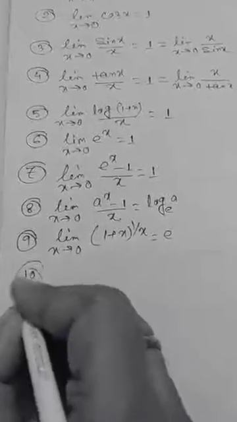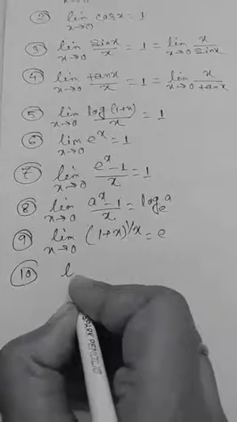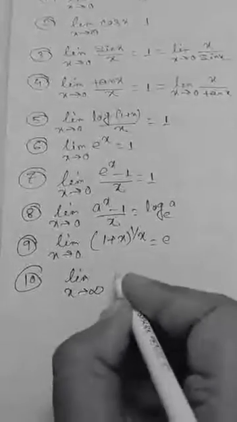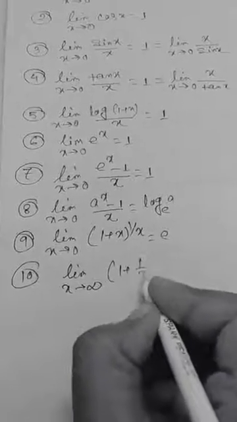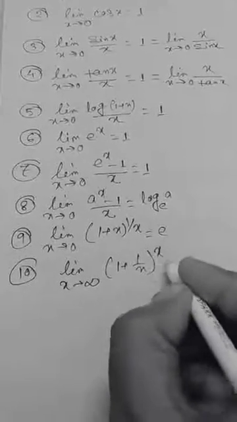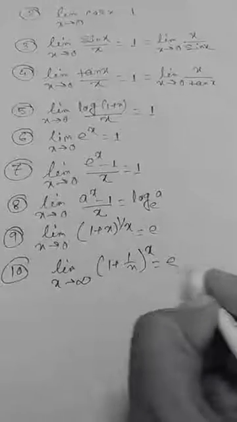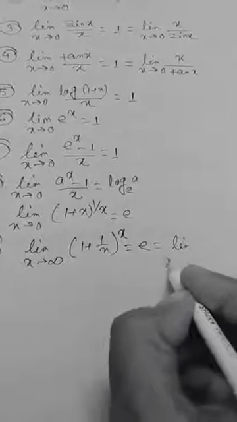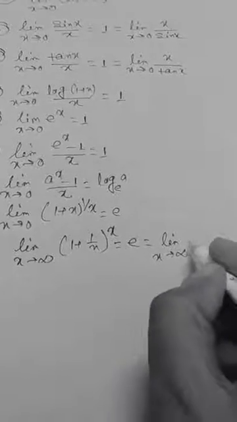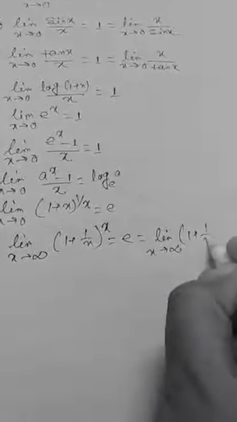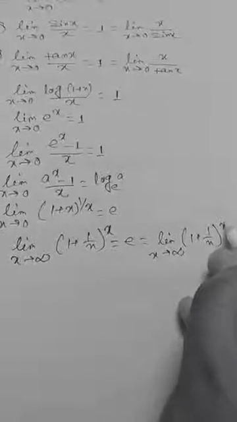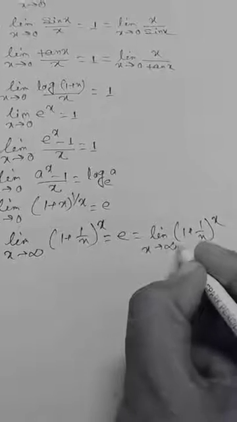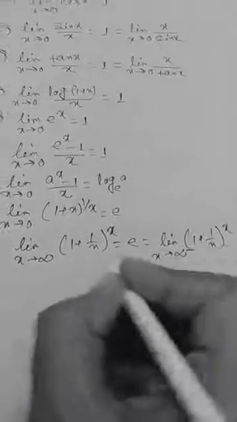Number 10, limit x tends to infinity, (1 plus 1 by x) whole to the power x is equal to e, also is equal to limit x tends to infinity, (1 plus 1 by x) whole to the power x. It holds for minus infinity and for plus infinity.